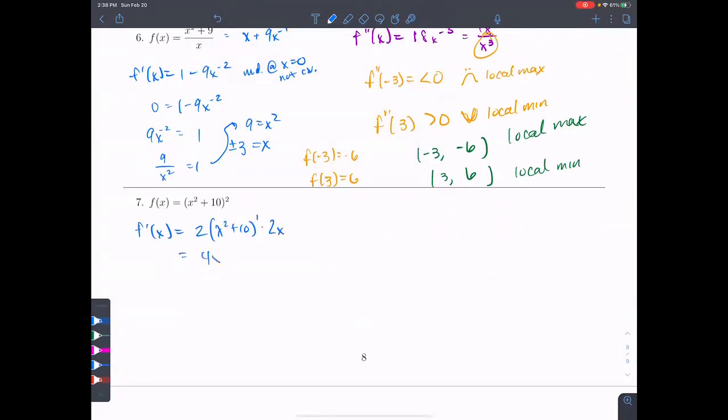So we're looking at 4x times x squared plus 10, which is 4x cubed plus 40x. But going back here to find the critical values, it's defined everywhere, so you don't need to worry about that. But this is 0, so the CV is 0.